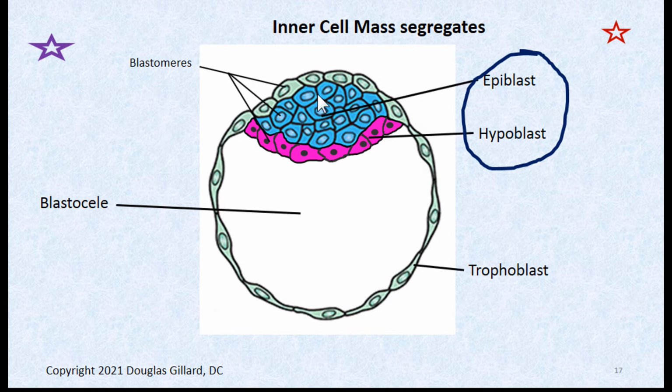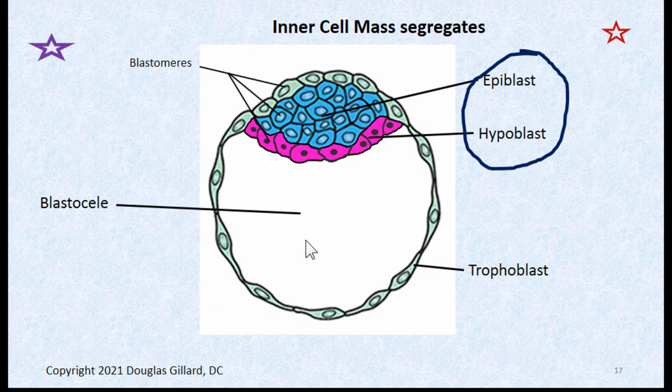So this is the bilaminar disc. So our inner cell mass is now segregated into a more dorsally located, or toward the embryonic pole, group of epiblast cells, or a more ventrally located hypoblast. So double layered. And our blastocyst cavity, sometimes called the blastocele, has gotten much bigger.